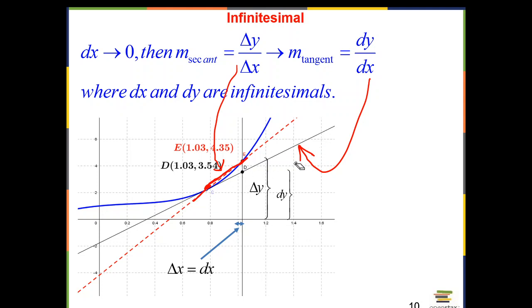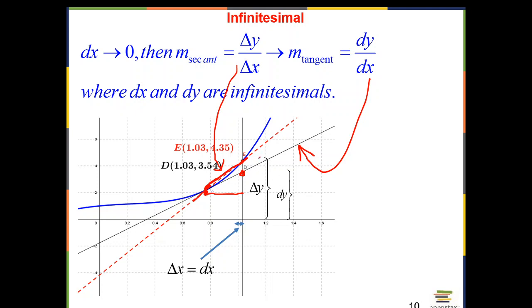Because what's the slope of the tangent line? It is rise over run. If you go from this point to this point, the slope is going to be dy over dx. And dy here, my notation, I have to fix that. My delta y and dy are not correct, so let me fix it.